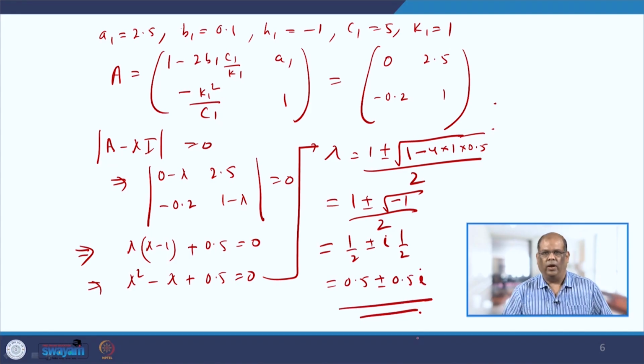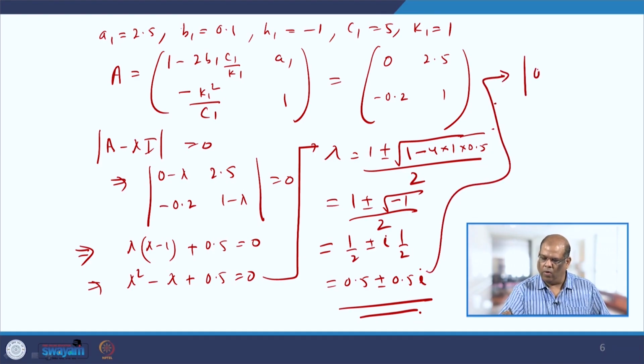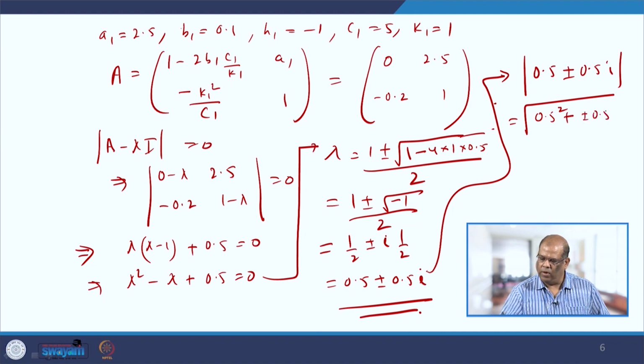So, it is imaginary eigenvalues, and if you want to take the modulus of that, you get the mod of 0.5 plus minus 0.5 i, which is the square root of 0.5 square plus 0.5 square. And if you simplify this, you will get 0.7071, which is less than 1.